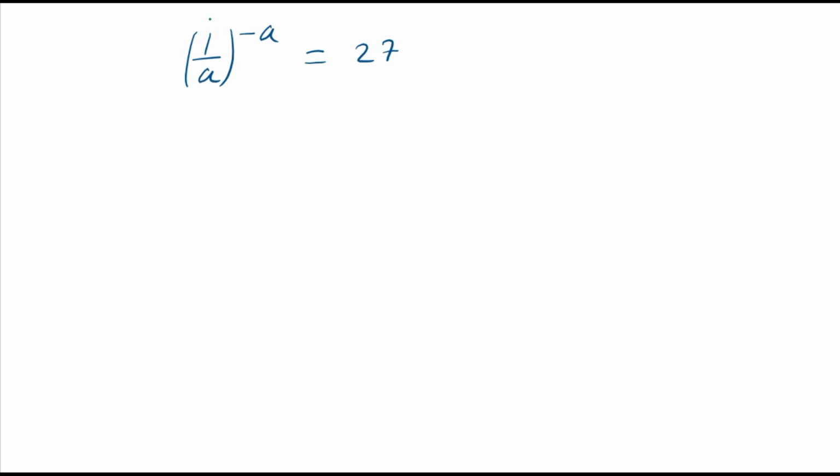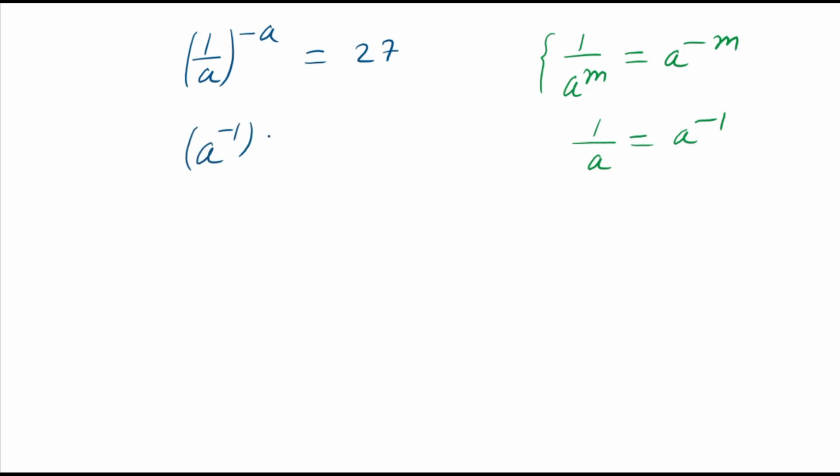Now in the left hand side we will apply the rule (1/a)^m = a^(-m). If we apply this rule, then 1/a equals a^(-1). So here (a^(-1))^(-a) = 27.